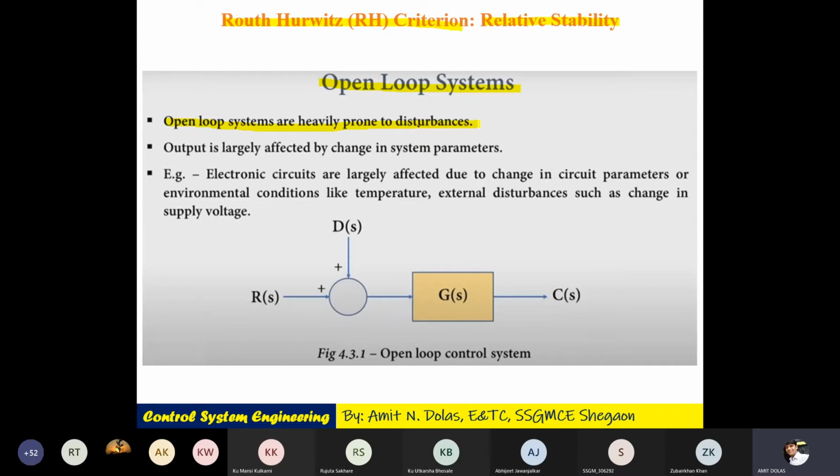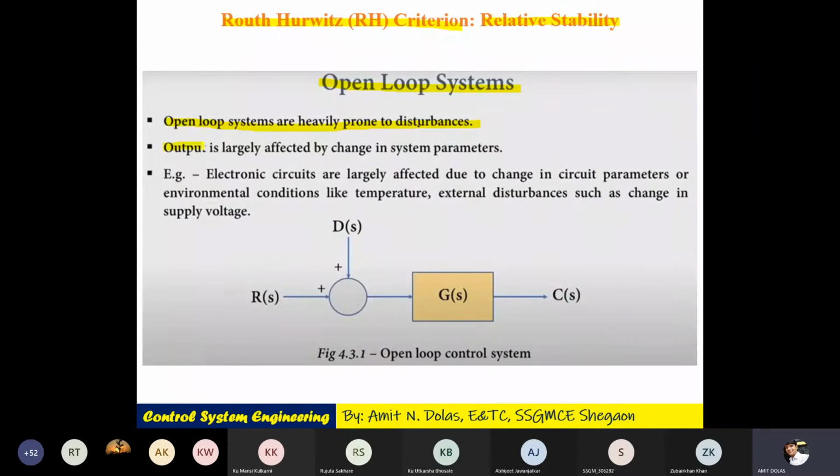If the system is open loop, suppose an air conditioner in the room, and some external environmental change happens, or a certain number of people come into the room, that is the disturbance. If the AC is not closed loop, then it will deviate from the ambient temperature, whatever is set, like 27 degree or 29 degree centigrade.